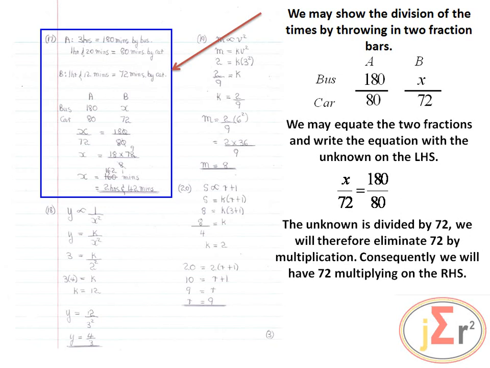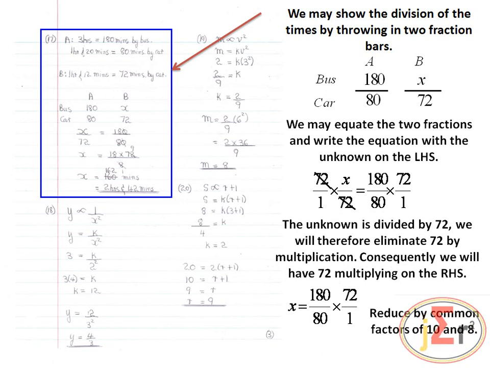But we cannot do that alone. We have to multiply the right hand side by 72 also. So multiply both sides by 72, in which event 72 will be eliminated from the left hand side, and on the right hand side we will have this fraction multiplied by 72 as we have it right there.